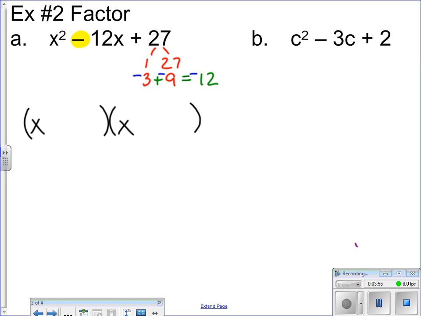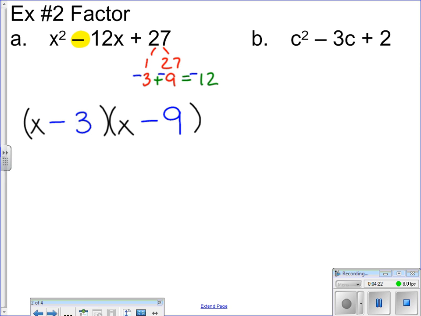Fortunately, negative 3 times negative 9 is still positive 27, because a negative times a negative is positive. So in this problem, I'm going to put minus 3 and minus 9, because once again, negative 9 times negative 3 is positive 27, and negative 3 plus negative 9 is negative 12.